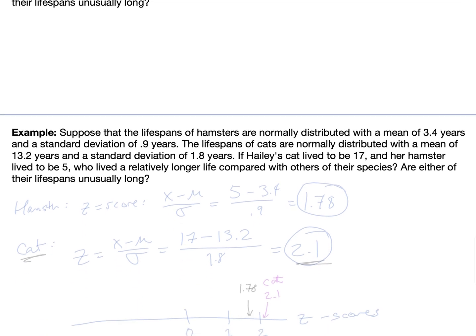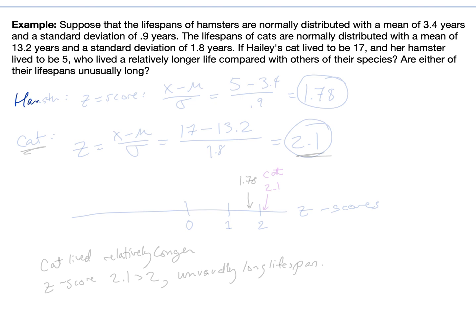Okay, so let's first find the z-scores for each value. So for the hamster, our z-score would be the data value minus the mean divided by the standard deviation. In that case, that's 5 minus 3.4 divided by 0.9. And so if we divided that out, we would get 1.78 for the z-score for the hamster.